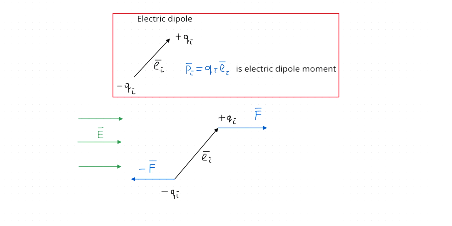So if we put a dielectric into an electrostatic field, we will get a redistribution of bound charges inside the dielectric.